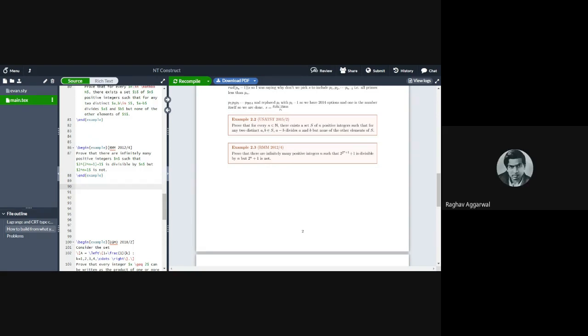Yeah, the first thing that comes to your mind is to consider 2 to the n plus 1 as x. So we need to prove that there are infinitely many n's such that n divides 2 to the x plus 1 and x doesn't divide 2 to the x plus 1, right?